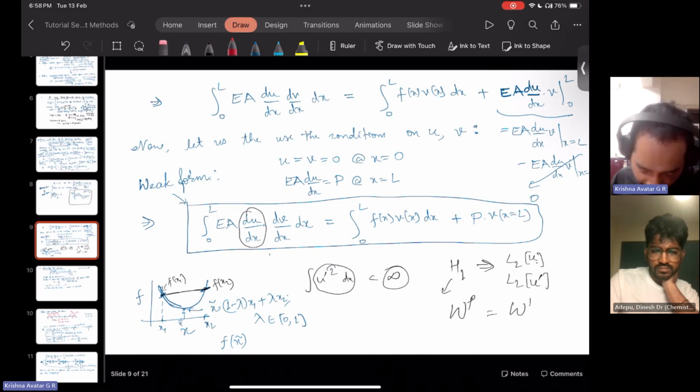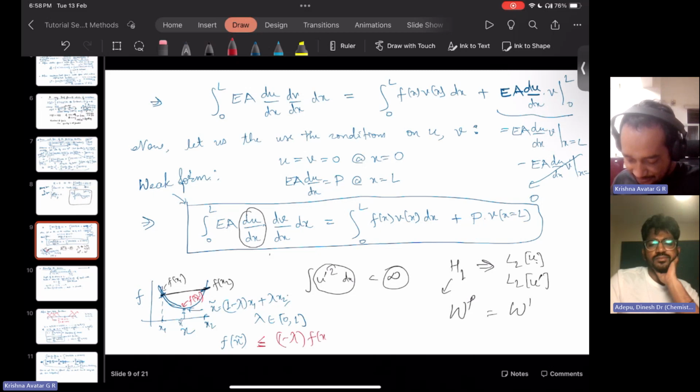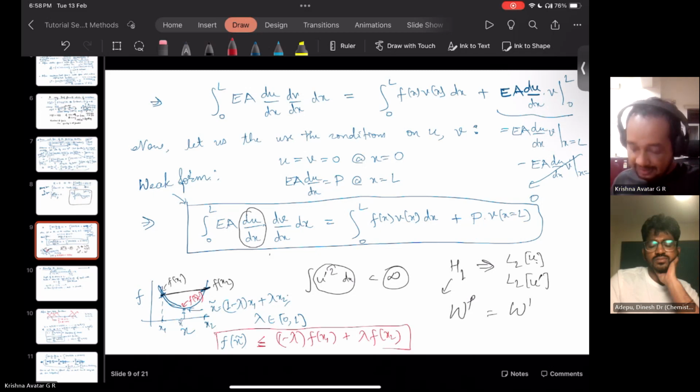If f of x tilde is less than or equal to 1 minus lambda into f of x1 plus lambda into f of x2, and this is satisfied, then we'll call it a convex function.